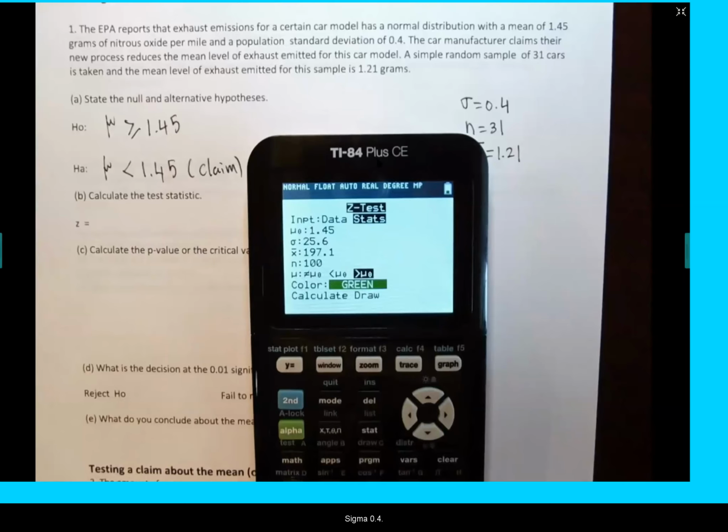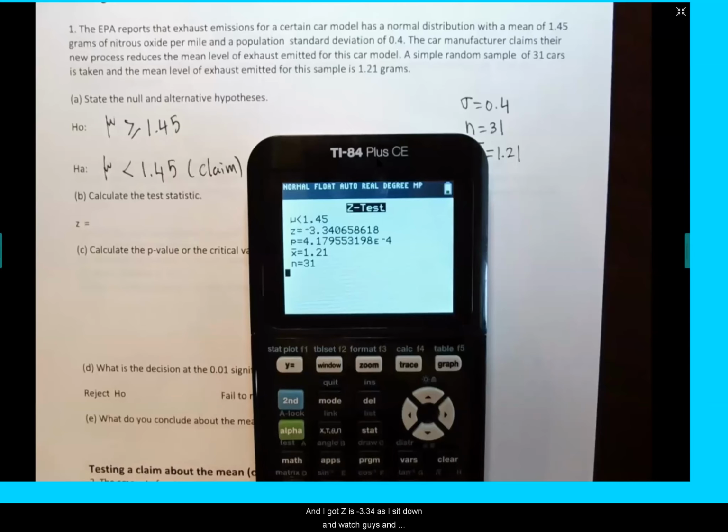Sigma, 0.4. I'll try not to move a lot so the screen doesn't get frozen. X bar is 1.21. N is 31. And which sign do you use? Less than. And then calculate. And I got Z is negative 3.34.